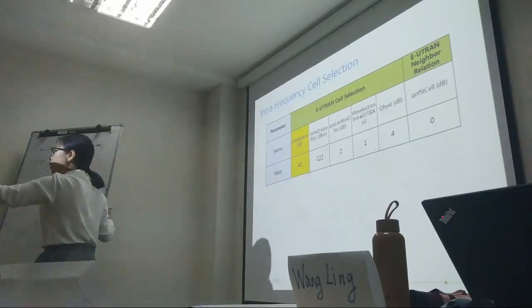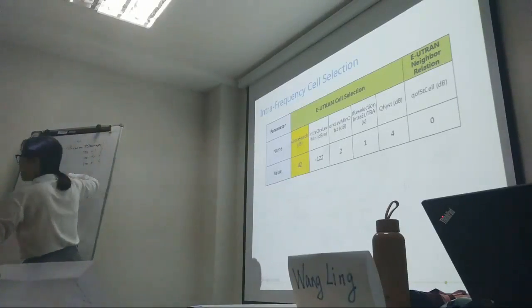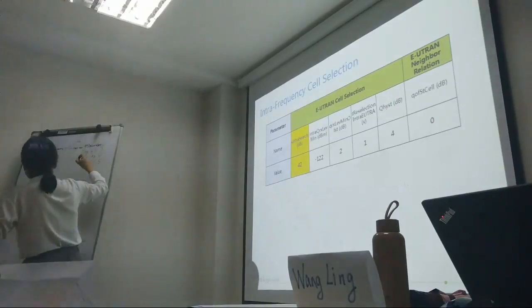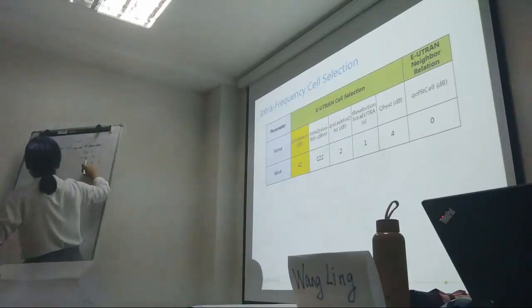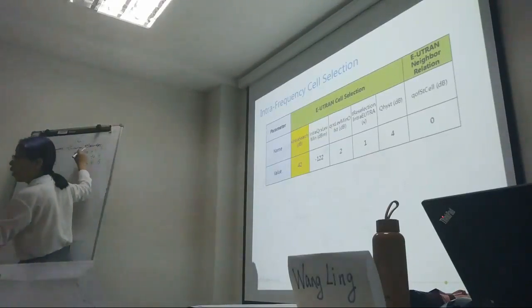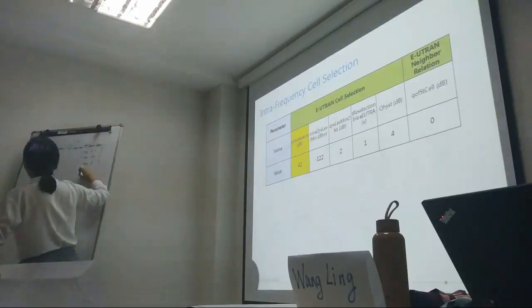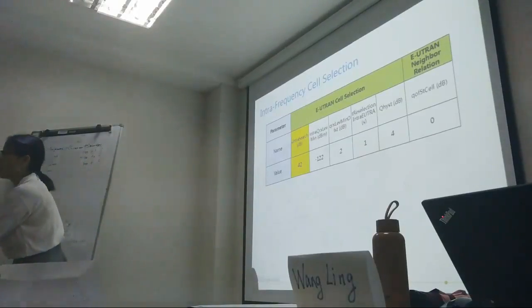So for reselection, if I perform reselection from FDD to TDD, from low to high, this is a high priority reselection.